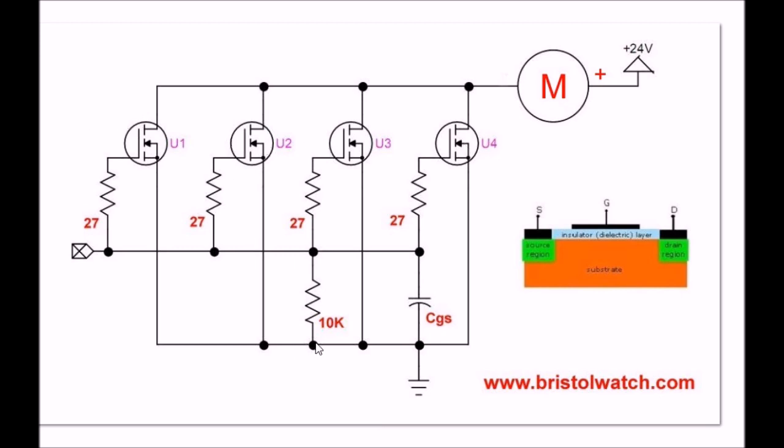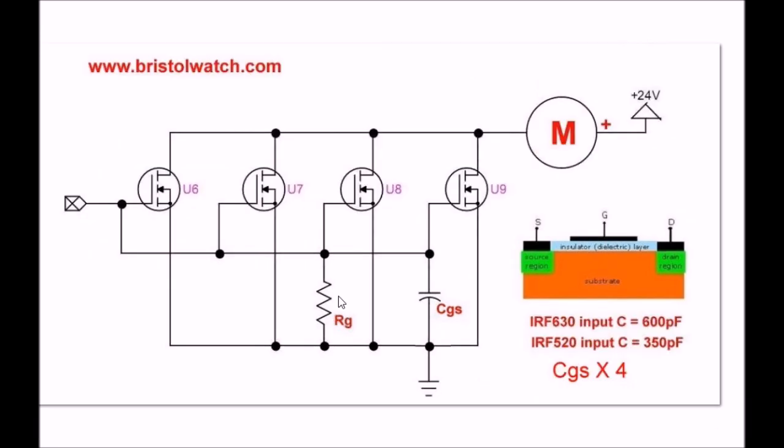So with the preceding circuits, it does not hurt to leave the RG resistor in, it helps assure on power up that they are turned off. So these are possible solutions to look at when you are dealing with parallel MOSFETs.